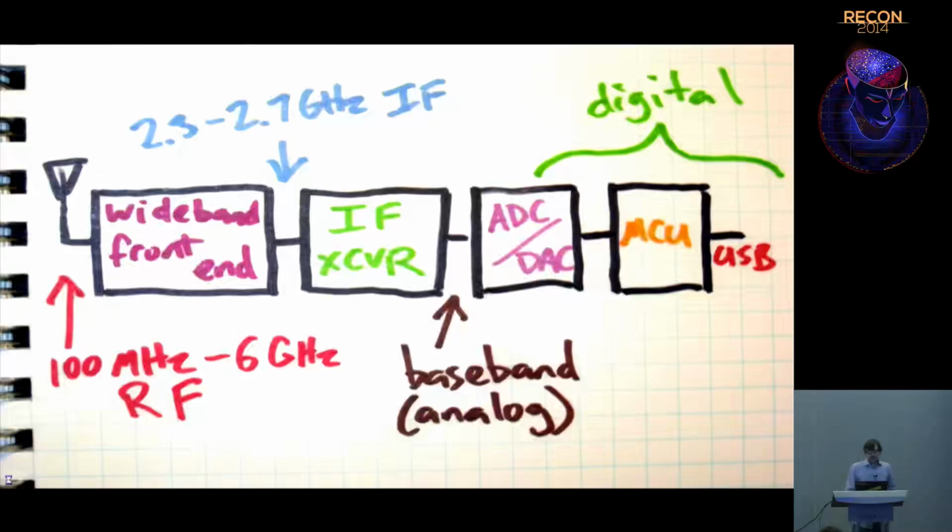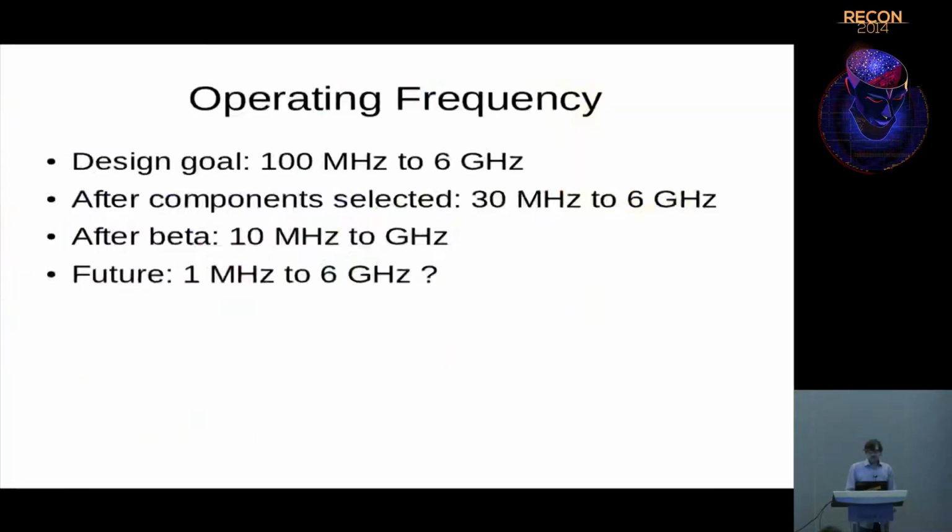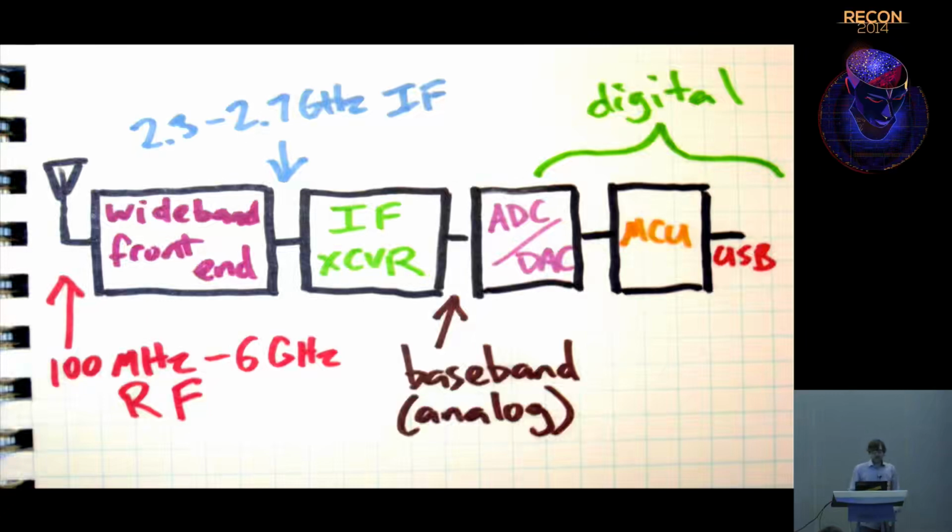But now I'm going to go back to that slide that I had at the beginning that I shouldn't have been there. After I show you a little review of the architecture, the operating frequency is a function of these two mixer sections, the wideband front end and the IF transceiver.